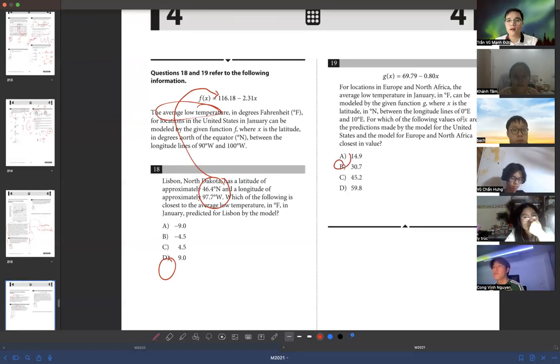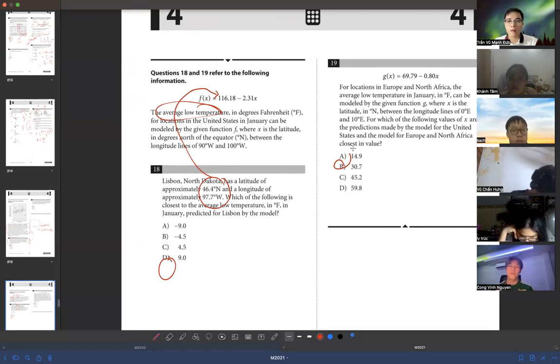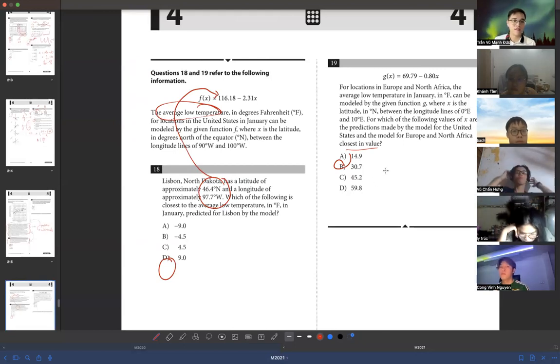Okay. Between the longitude, for which of the following values of X are the predictions made by the models closest in value? How did you do this at first?